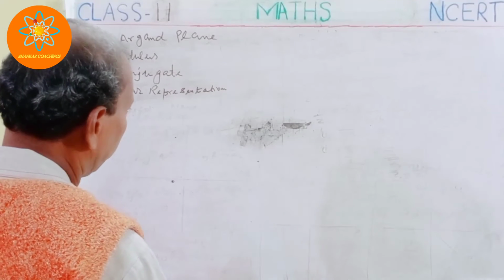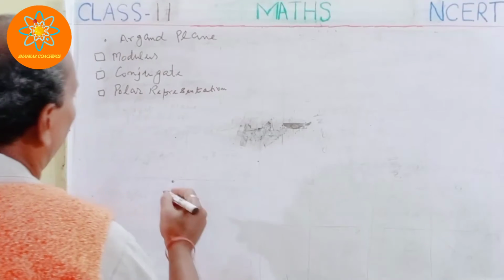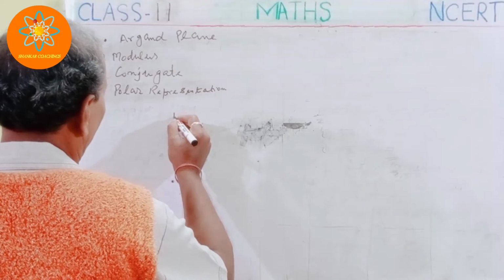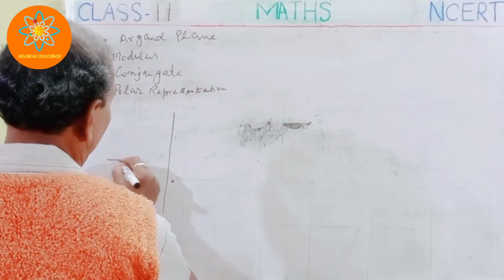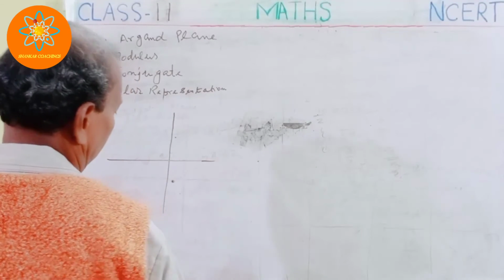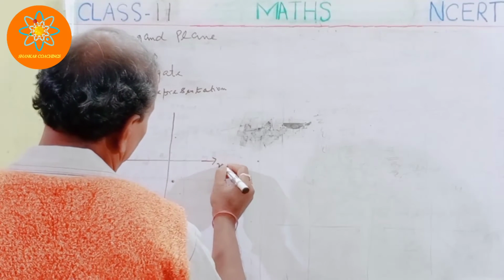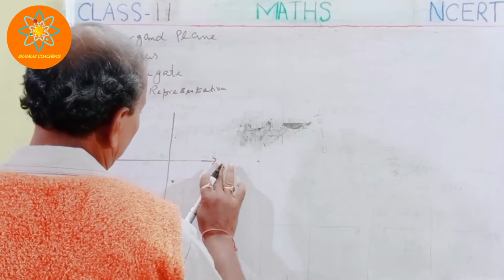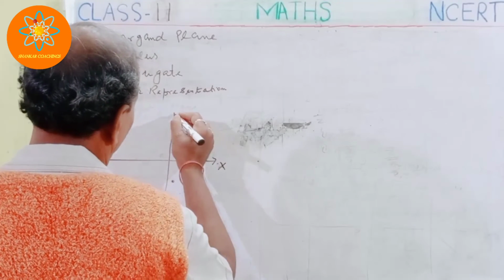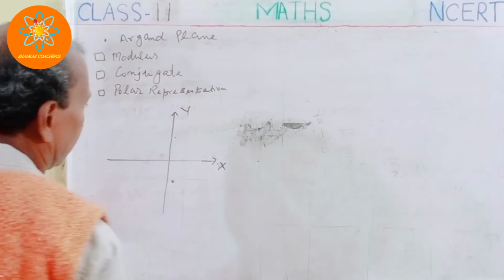In the polar representation, let's suppose I have the Argand plane, and in this Argand plane the x-axis is the real axis and the y-axis is the imaginary axis.